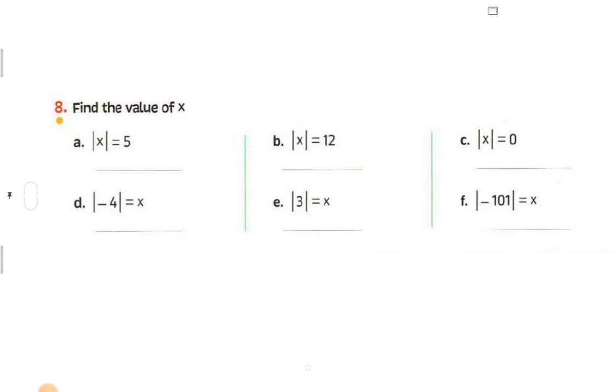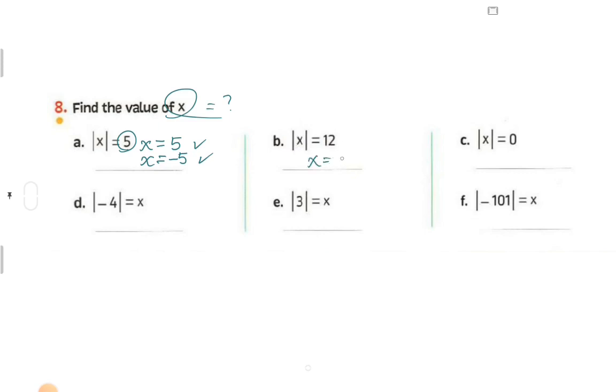Now, question 8, find the value of x. Here we have absolute value of x equal 5. So x may be positive and may be negative. These two cases, it's equal 5. Absolute value of x equal 12.